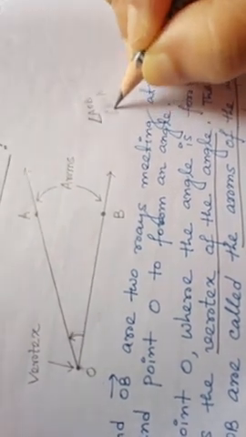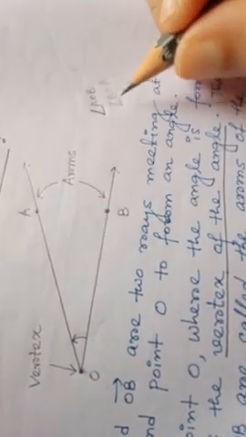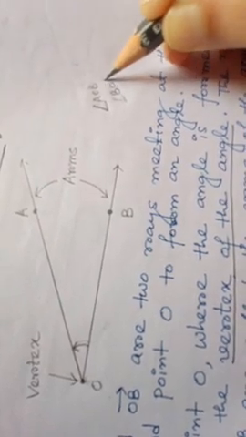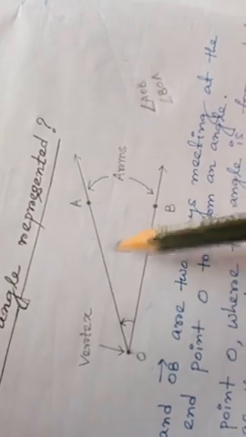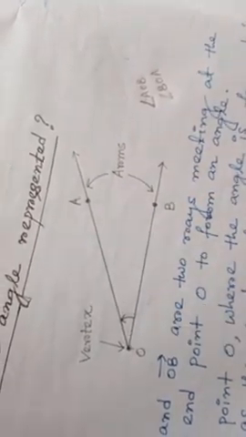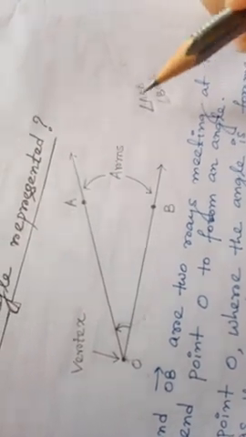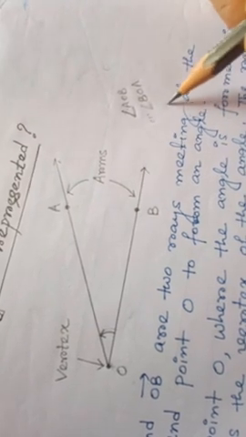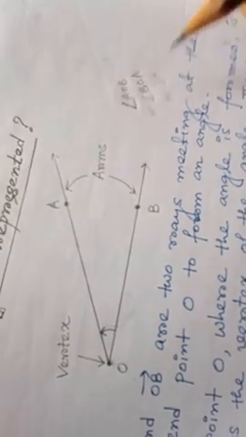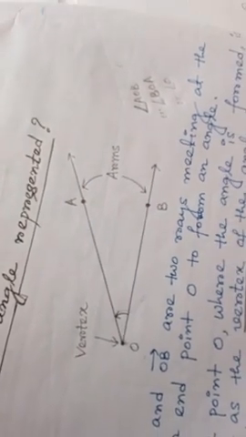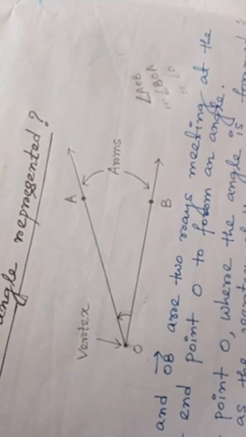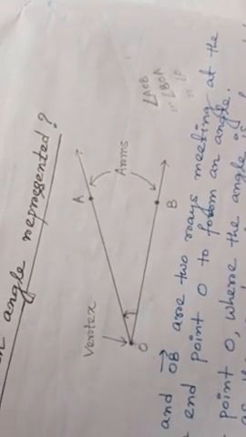So in two ways we can write these angles, and also another way: you can write angle AOB or angle BOA, or you can only write angle O. So in these three ways we can represent this angle. Okay. Hope you understand.